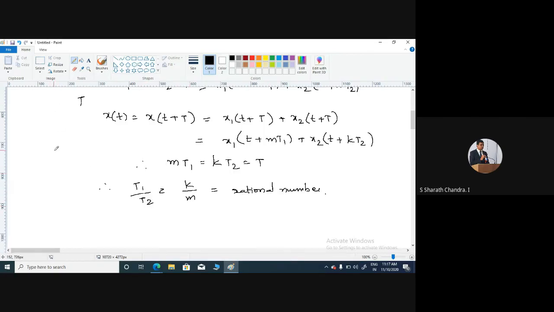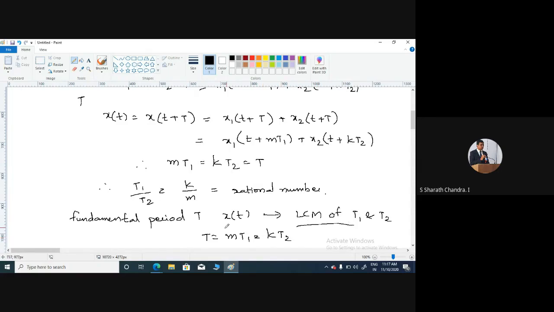Similarly, the fundamental period capital T of x of t should be the LCM of T1 and T2, that is, the least common multiple. Since we know that T is equal to m T1 and k T2, I can say that it is the least common multiple of T1 and T2.